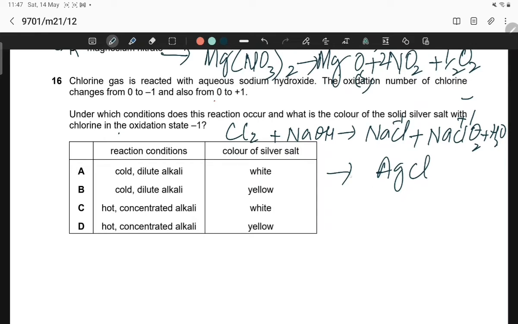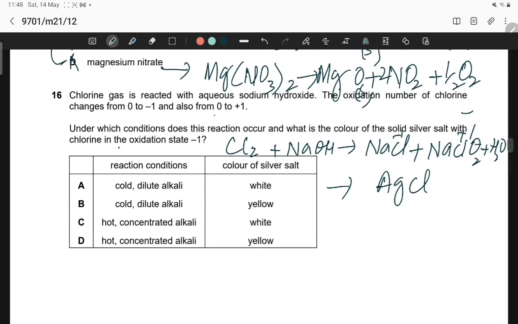As for reaction conditions, there are two conditions when chlorine reacts with sodium hydroxide: one would be cold dilute alkali sodium hydroxide, and one would be hot. With cold alkali, a yellow precipitate is with iodide salt, so this is a chloride salt, so a white precipitate.